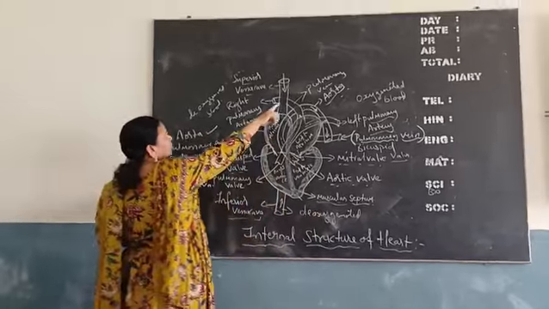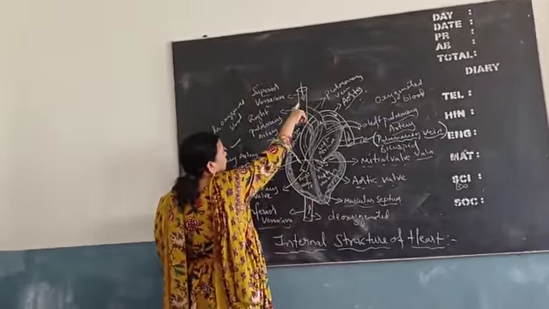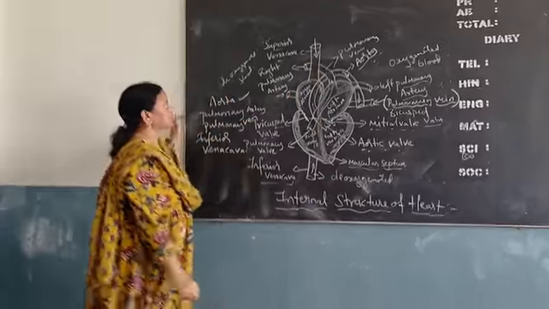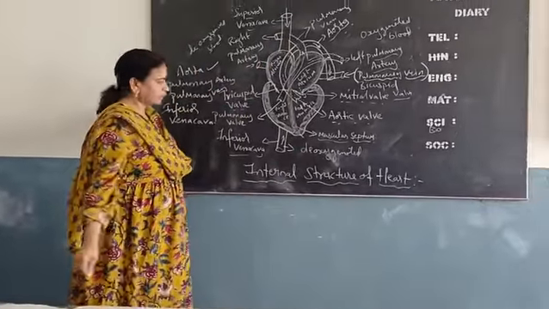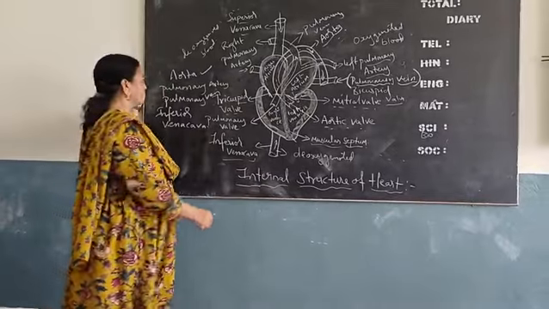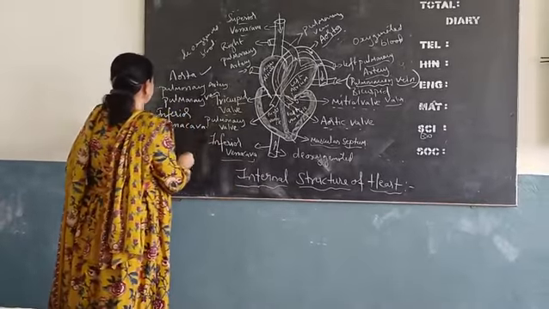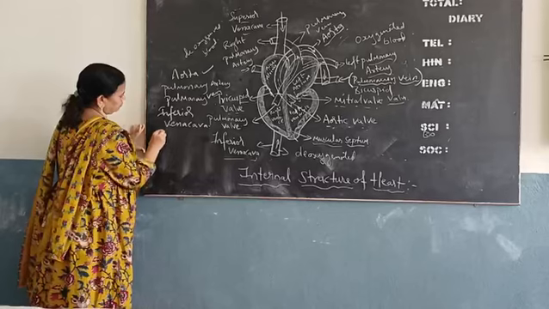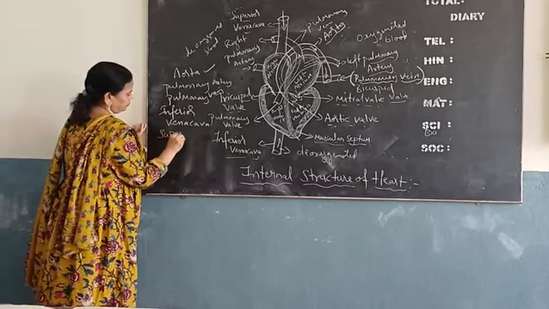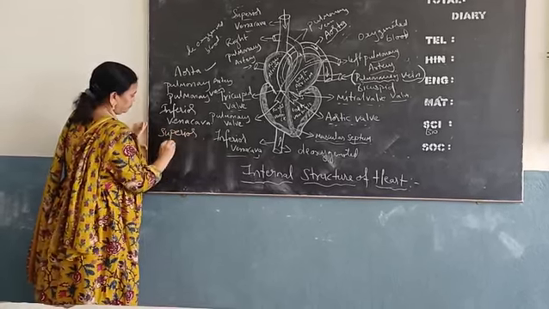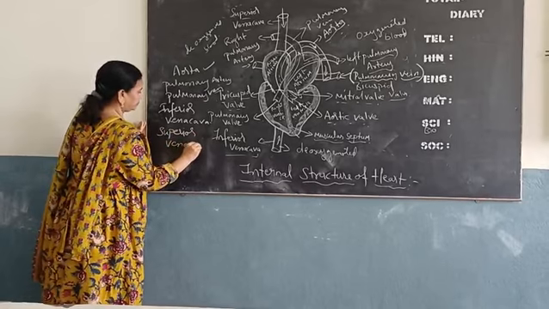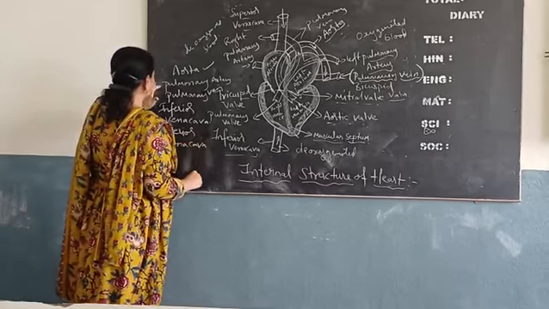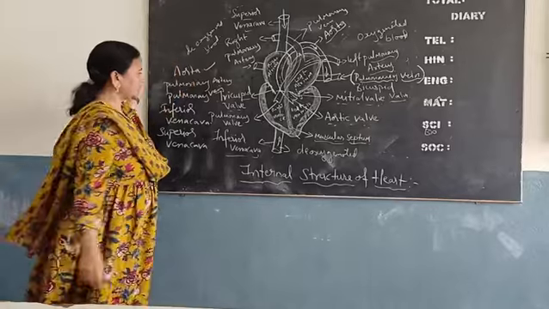At the same time, this is the superior vena cava. It carries the same deoxygenated blood from the superior part of the body. So these are the 5 blood vessels.